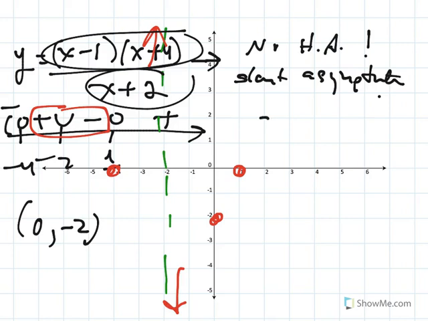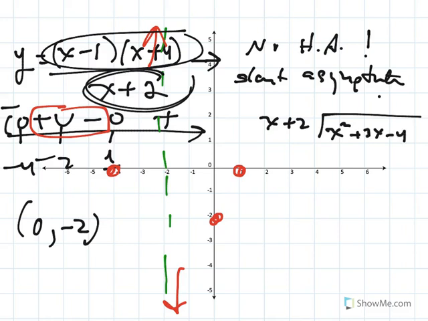And the way we figure out what it is, we divide the denominator into the numerator after you multiply the numerator out. So x squared plus 3x minus 4. And you divide, you get x squared plus 2x. You subtract, you get x minus 4.